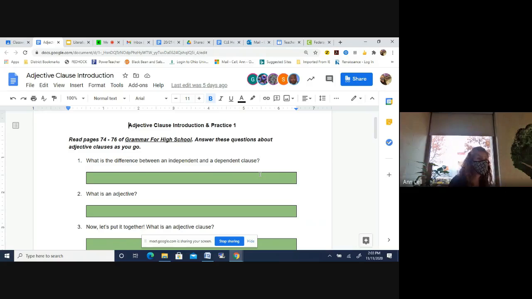That means something is causing it to not be able to stand alone. We're going to see that thing here in a second for an adjective clause. So the difference, you should be marking this down right in number 1, is an independent clause can stand alone by itself as a sentence. A dependent clause cannot.